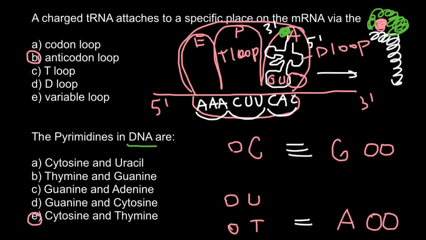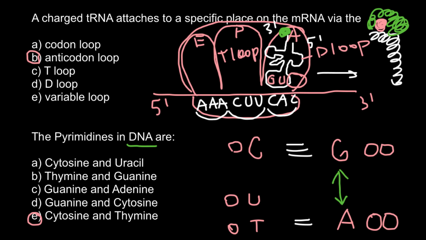transversion and which we call transitional mutations. So if in a strand of the DNA one purine would be replaced with another purine, or guanine would be replaced with adenine, or adenine would be replaced with guanine, we call such mutations transitional mutations.